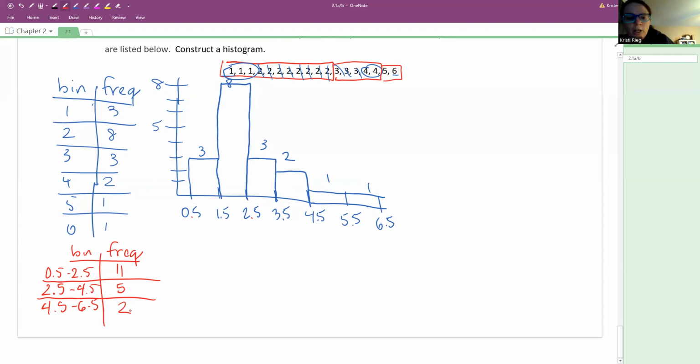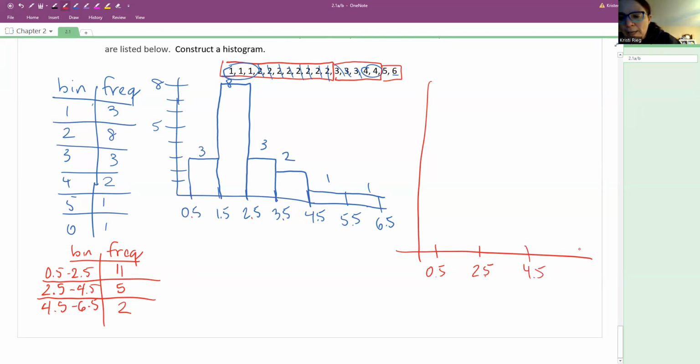This chart is now going to go up to 11, so it's going to be a little higher than before. But the bins are going to be wider. So I don't need to write 1.5. Oops. The eraser button is like right where I hold my pen, so it's kind of awkward.